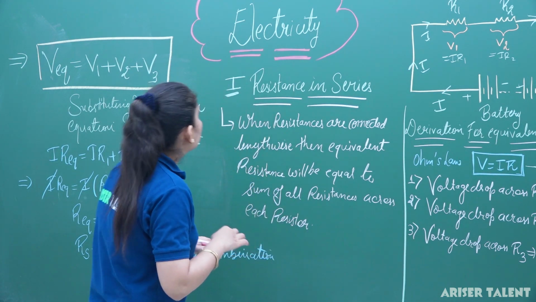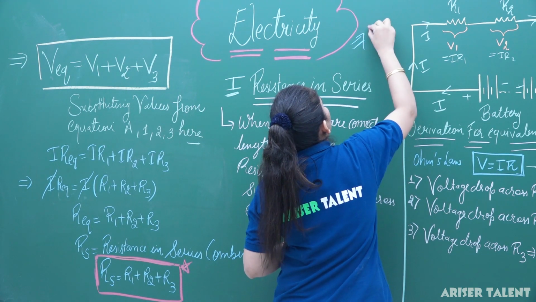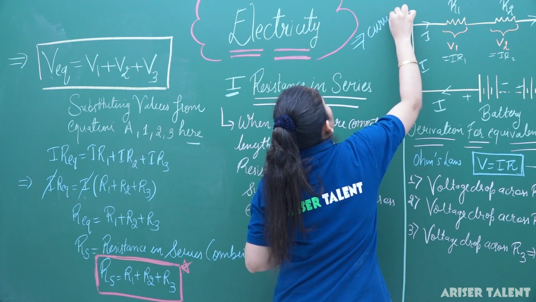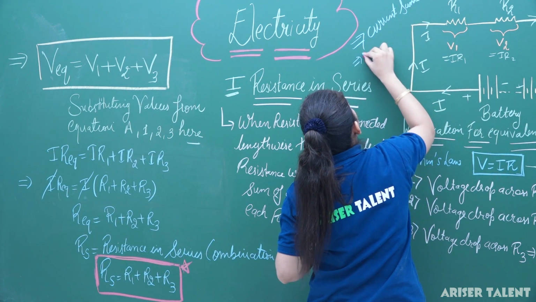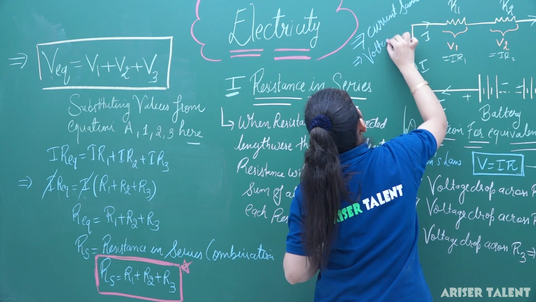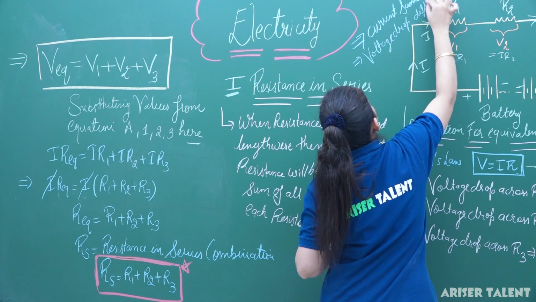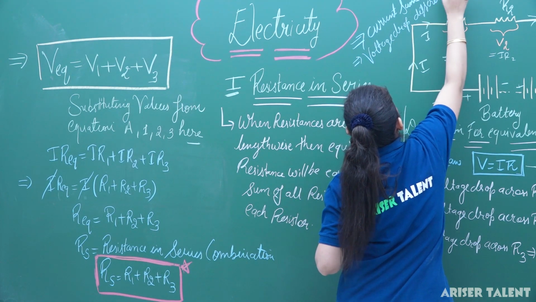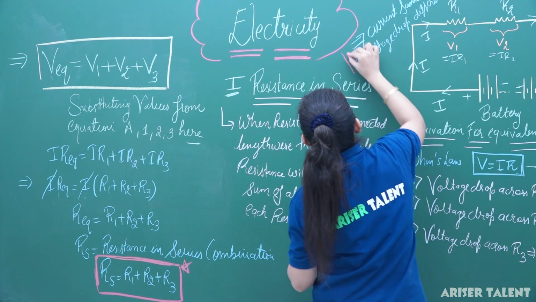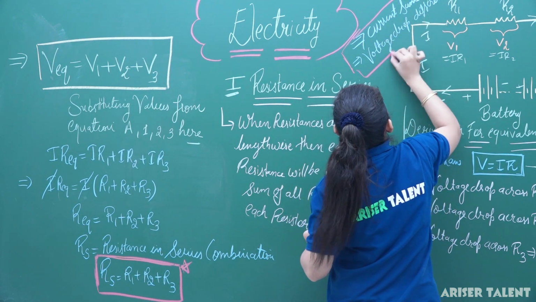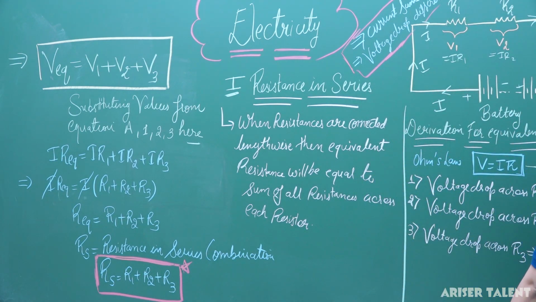So, these are the two conclusions we can write here: current same, but voltage drop different. So, these two things you have to keep in mind before doing such derivation. So, this is the derivation of the series combination you have.